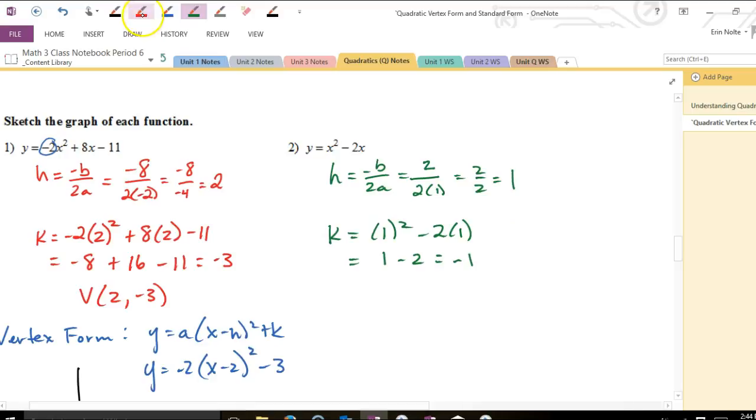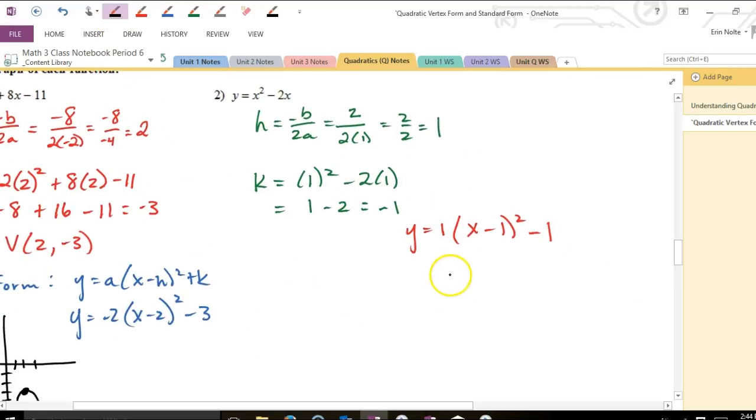Okay, so really quickly, what's my vertex form for this? y equals. What's my a value? 1. x minus 1 squared minus 1. That's a lot of 1's involved.